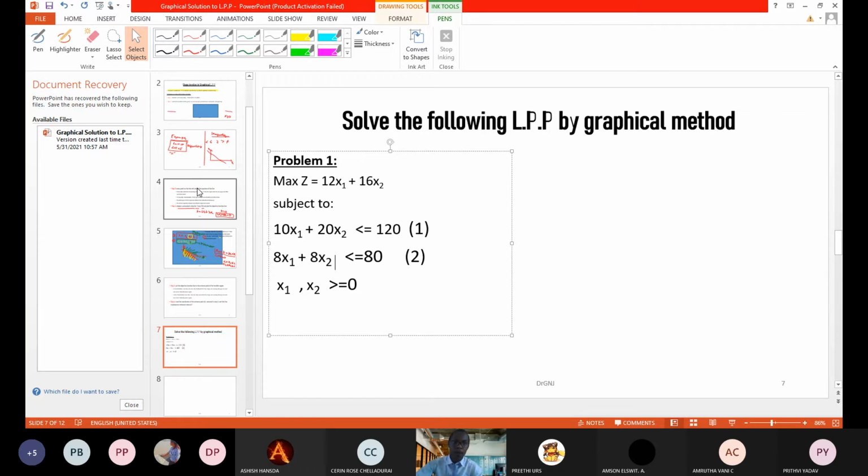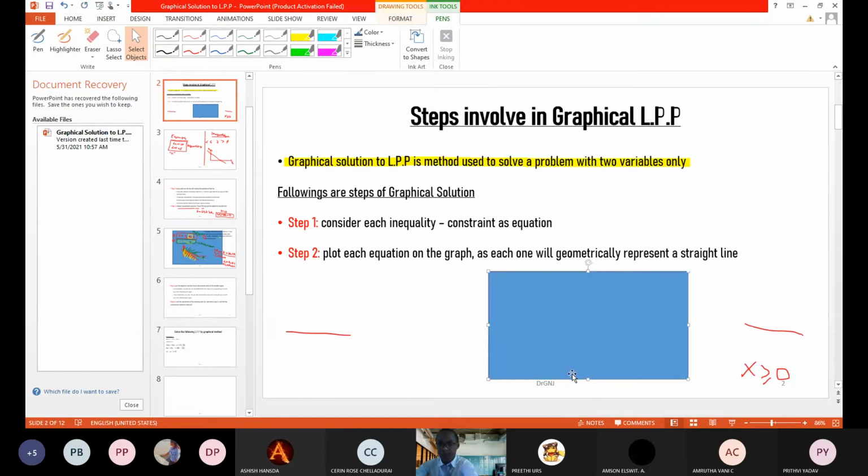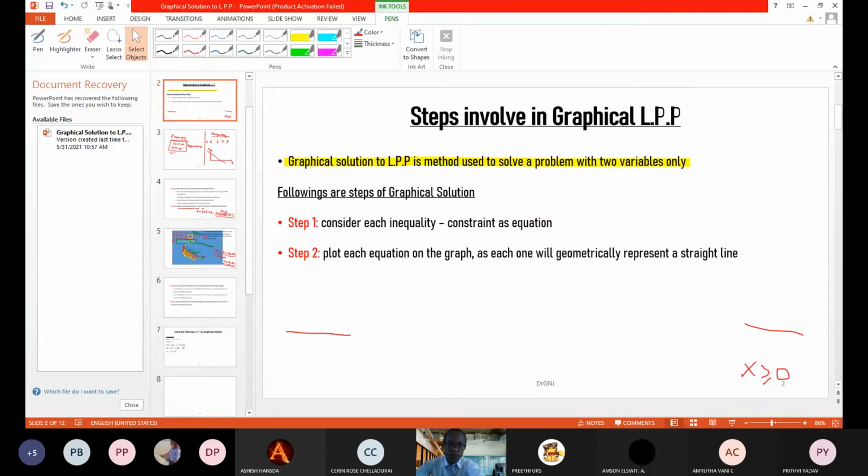Before I plot or solve this question, does anyone have a doubt? Is it clear?